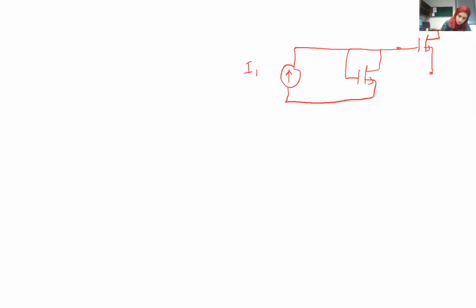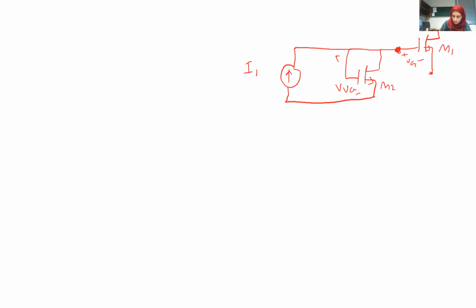So we come back to our diode connected transistor with a magical current I1, and these are shorted with each other. Now the voltage coming at the gate of this M1 will equal the same VGS of this one. Again, this is a VGS here, and this is another M2.